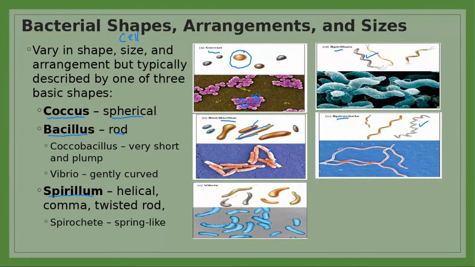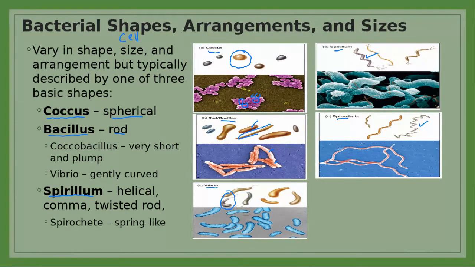But there are also some bacteria whose shape is between these three main shapes. For example, between spirillum and rod, there will be comma-shaped bacteria over here. It's called the vibrio. So between spiral and bacillus.